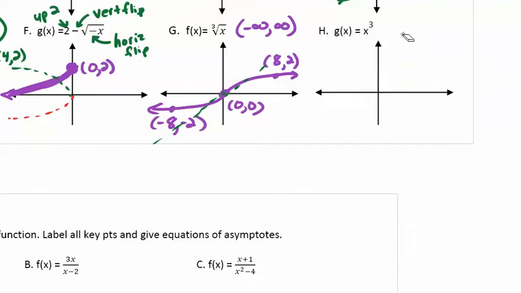So, oops, sorry, not doing too well here. We recognize it as an inverse function because the x's and the y's trade places. So we could say that the cube function is the inverse of the cube root function.